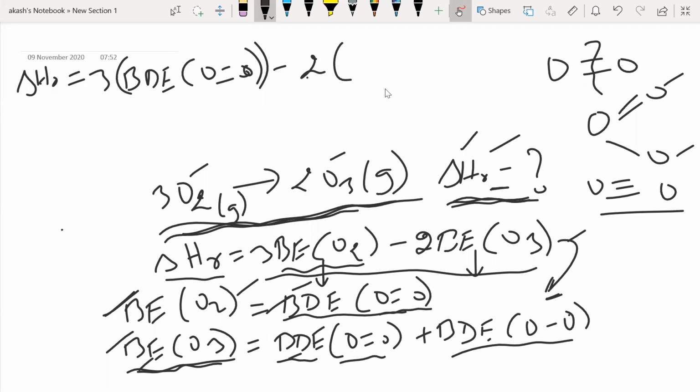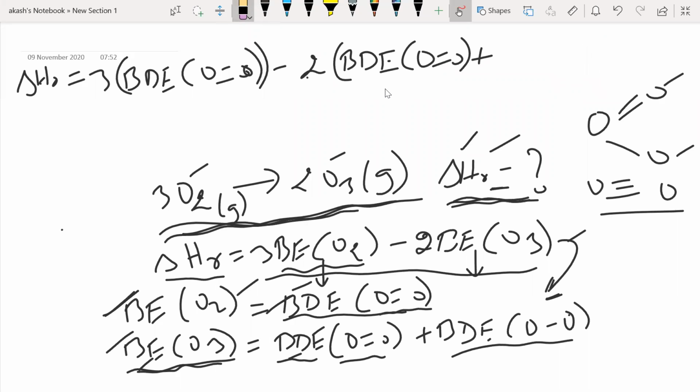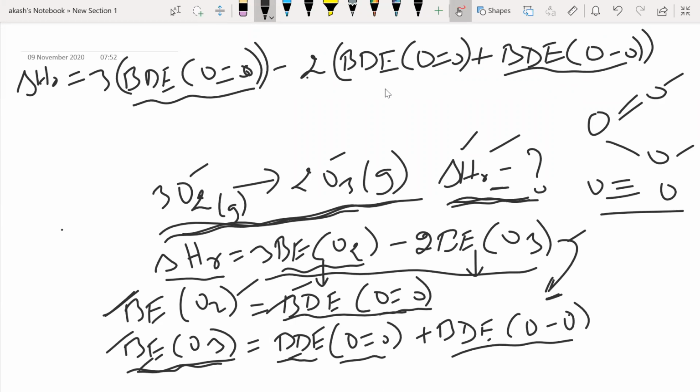So now how will I write it? 2 into BDE of O double bond O plus BDE of O single bond O. Yes, that's it. Everything is given to us in the question. BDE of O double bond O is given, BDE of O single bond O is also given. So you just have to get the equation right.